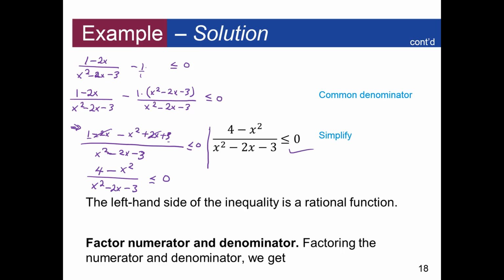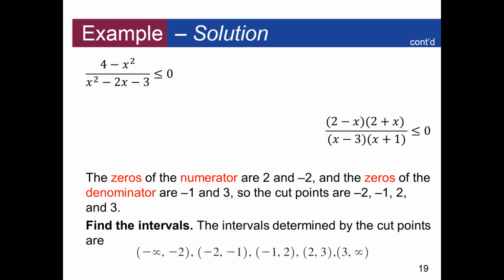So now step 2 is to factor the numerator and the denominator. All right, so now we have 4 minus x squared divided by x squared minus 2x minus 3. Now look at the numerator. That's a difference of two squares.